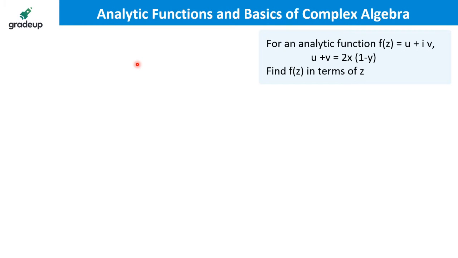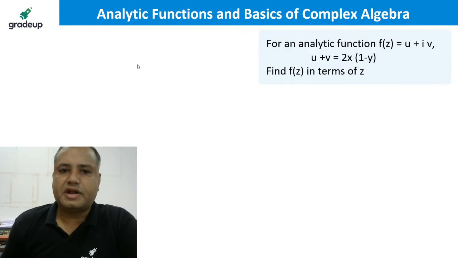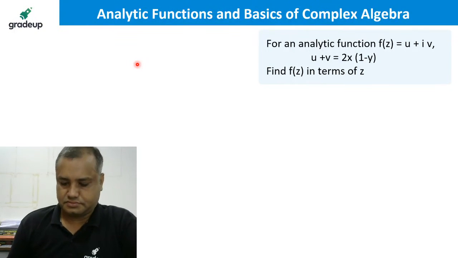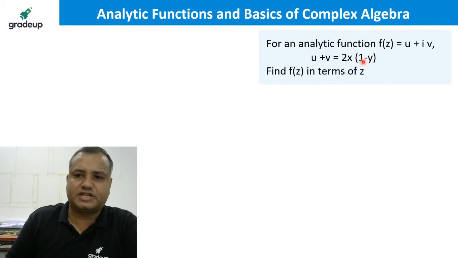Now see here. For an analytic function u plus iv, u plus v is given as 2x(1 minus y).